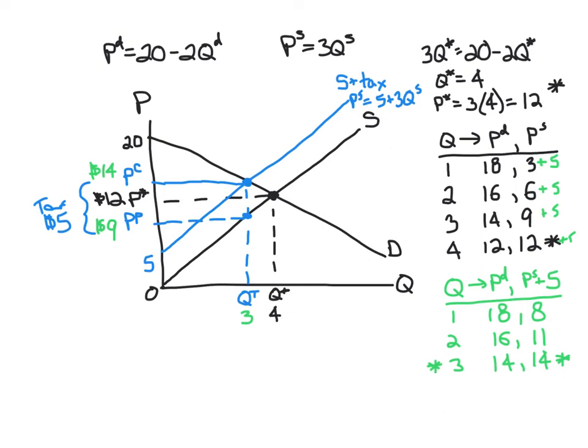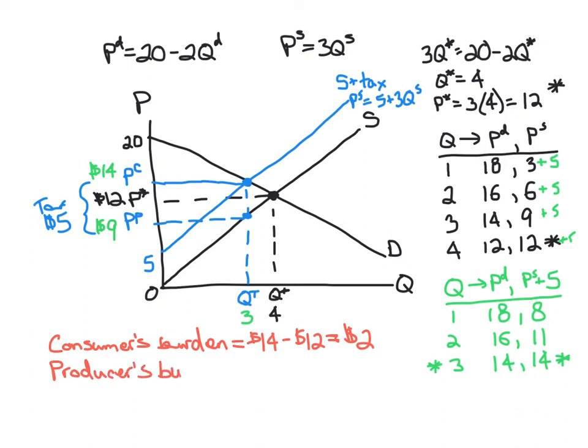So we can actually talk a little bit more about the tax in terms of who is bearing the brunt of it. So the consumer's burden per unit bought is $14 minus $12. So they're paying $2 of every $5 paid in tax. The producers in this case, before they were getting to keep $12, now they only get $9.